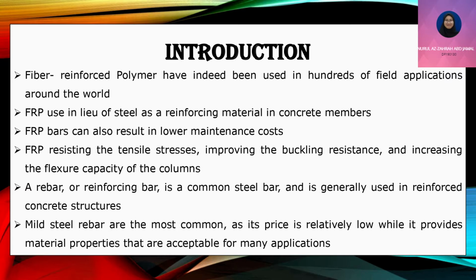Fiber reinforcement polymer bars are also used in lieu of steel as a reinforcing material in concrete members to extend the service life of constructed facilities because of its better resistance to corrosion and higher damping properties than steel. Fiber reinforcement polymer bars also can result in lower maintenance costs by eliminating corrosion-induced damage.